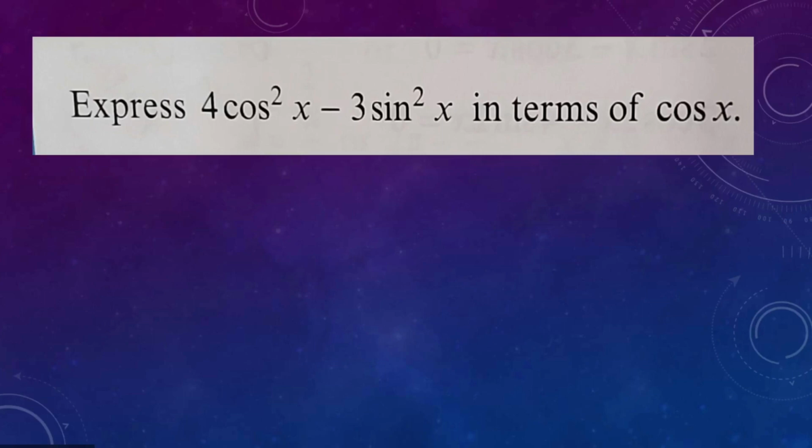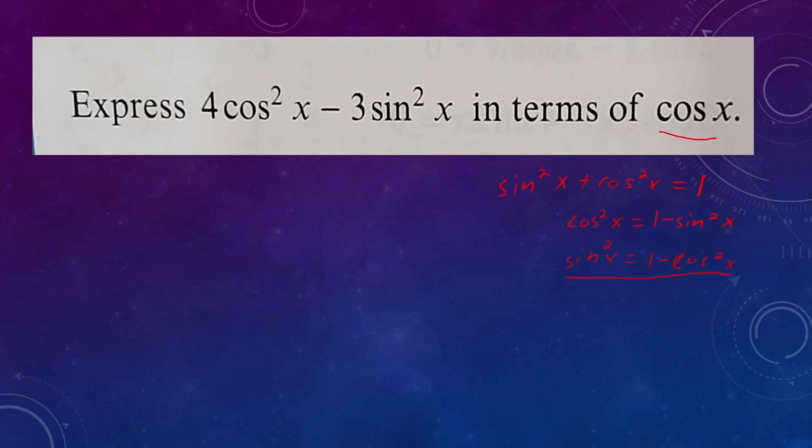Here I have taken another question from the book, and we are going to solve this using the trig identities. Since we want our answer in terms of cos of x, and we have everything in squares, we know the identity sine square x plus cos square x is equal to 1. We can modify this to, for example, cos square x is equal to 1 minus sine square x. Or since we want our answer in cos of x, we need to modify it like this: sine square x is equal to 1 minus cos square x.